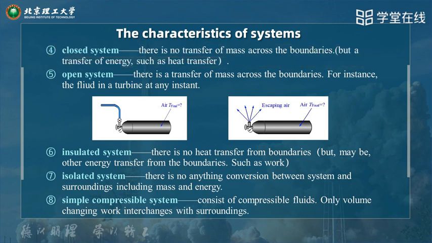The second kind of system is the open system. There is transfer of mass across the boundaries. For instance, for the fluid in a turbine, at any instant some mass goes in and goes out.